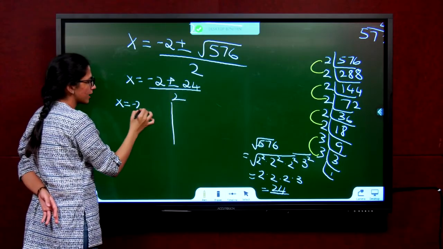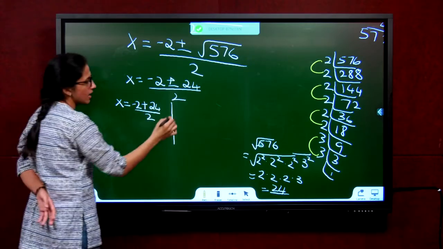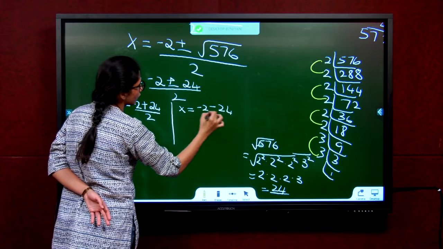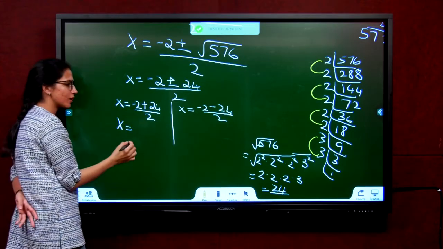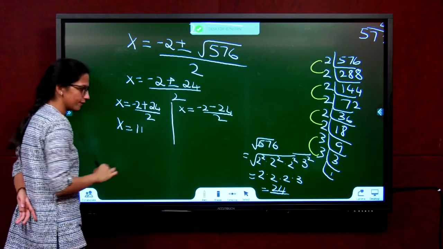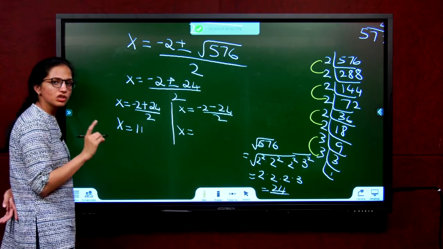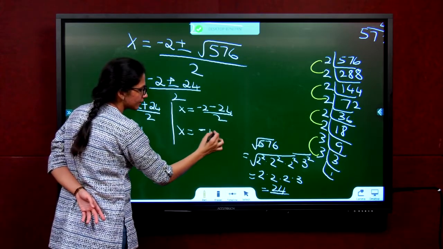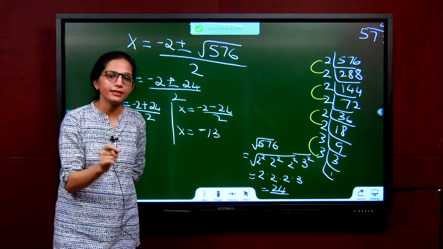X is equal to minus 2 plus 24 by 2. X is equal to minus 2 minus 24 by 2. X is equal to minus 2 plus 24, 22, 22 by 2, 11. X is equal to minus 2 minus 24, minus 26. Minus 26 by 2, minus 13. The question says odd positive integers.